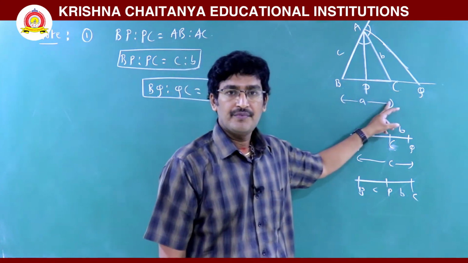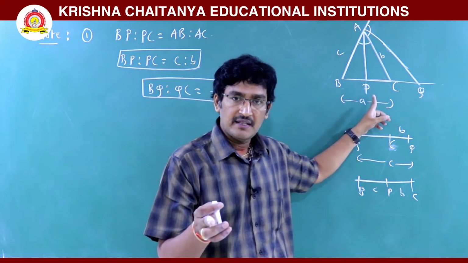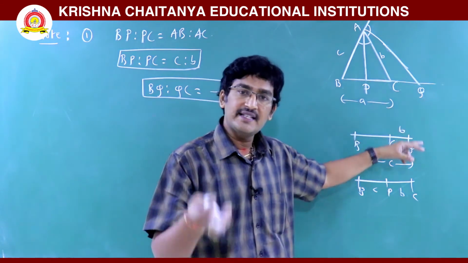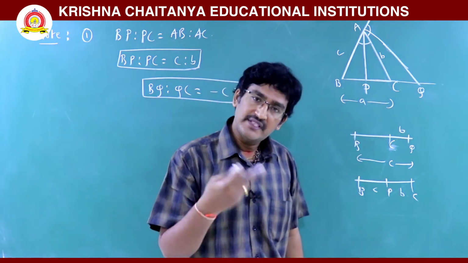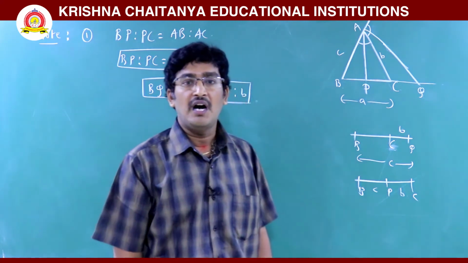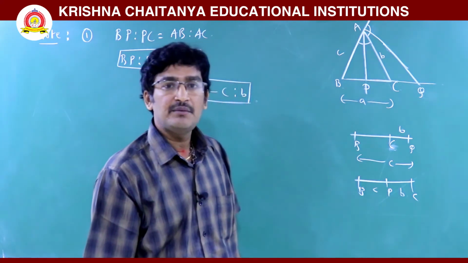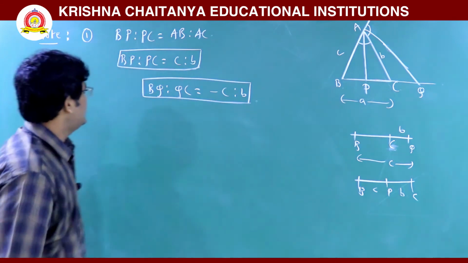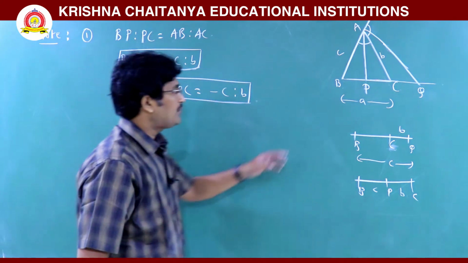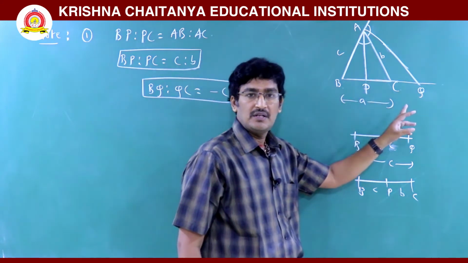So in the similar way, here P, Q are the harmonic conjugate points of BC bar. You have to remember that one.